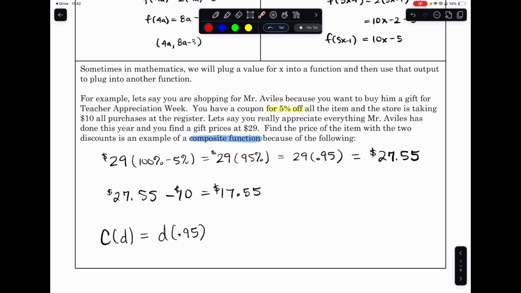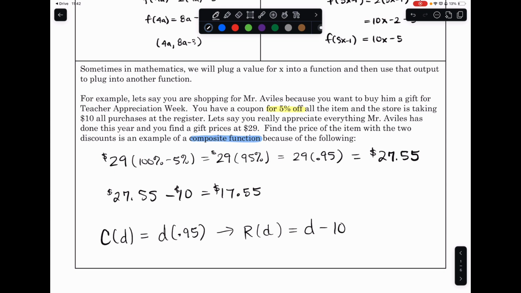Then this amount is applied to a different discount at the register. So I'll call it R for the register. R of D also, because we're talking dollar amounts. That's going to take the dollar amount and subtract a flat $10 fee.